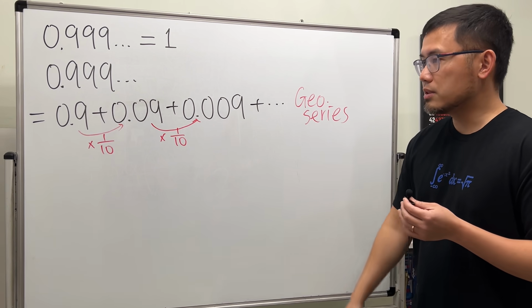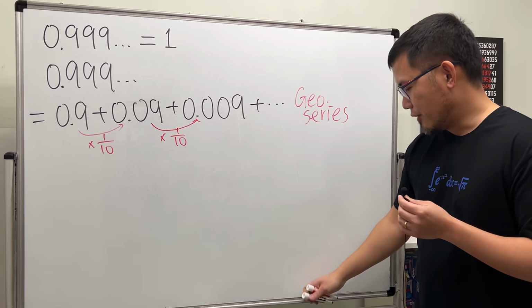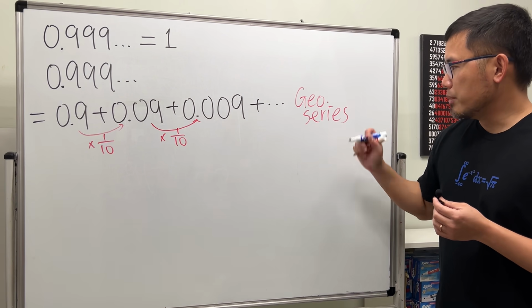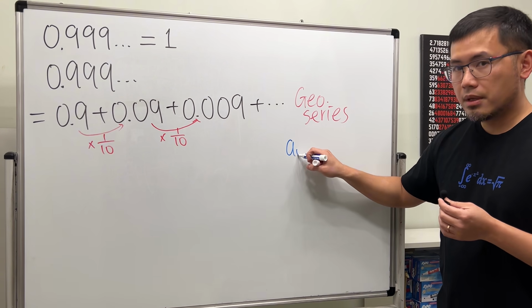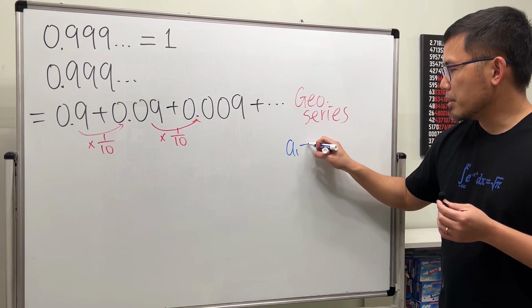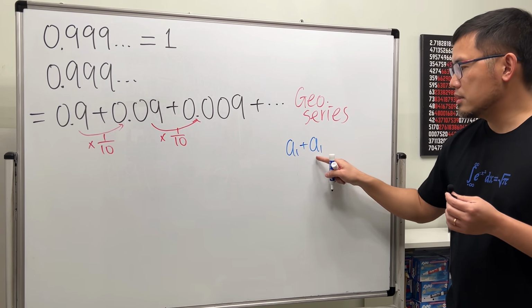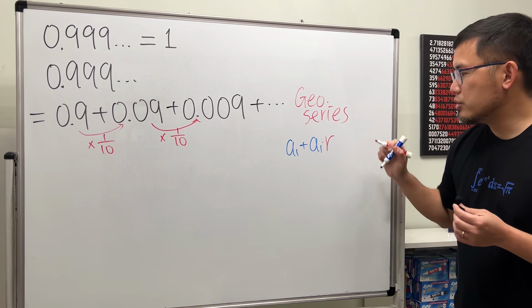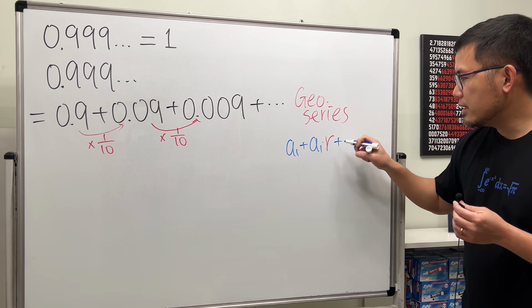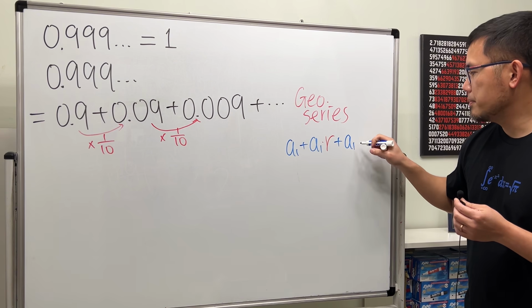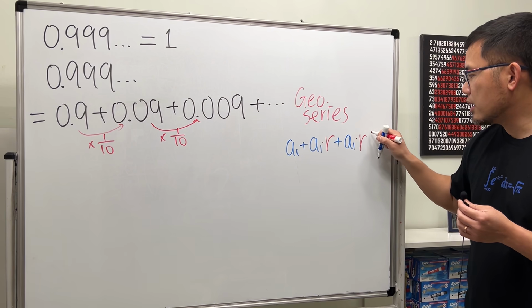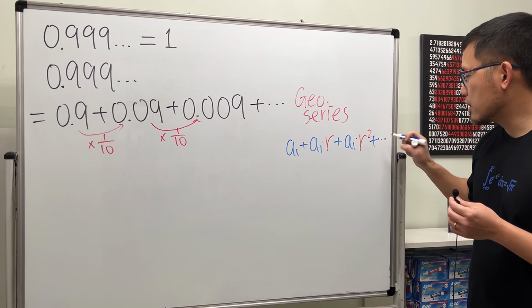So how do we do this though? You have two ways to do it. The first way is you can just apply the formula. When you have a geometric series, a1 for the first term, plus the next term, which is the first term times the common ratio r, and then you add the next term, which is a1 times r squared, and then so on.